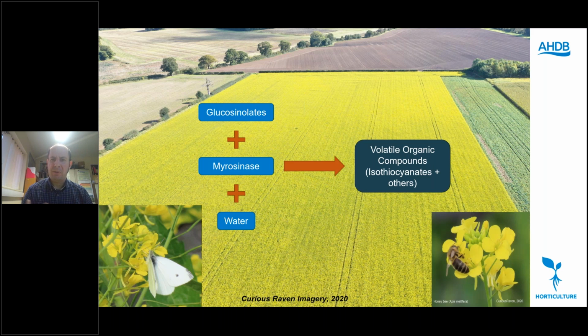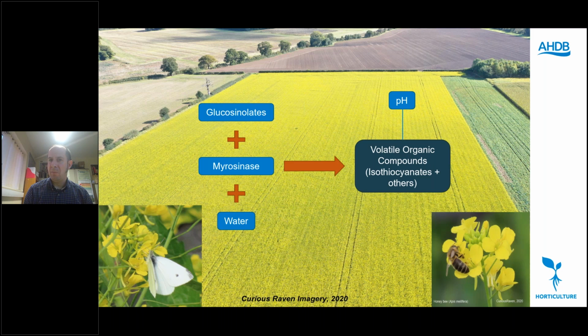There's a whole series of these, but the compounds that we're mostly interested in are the isothiocyanates. These are the largest molecules that are produced, and they're more persistent than the other volatile organic compounds. The type of volatile organic compounds is dictated by the pH of the soil. Ideally, with biofumigation, we want a soil which has a higher pH, ideally between 6 and 7.